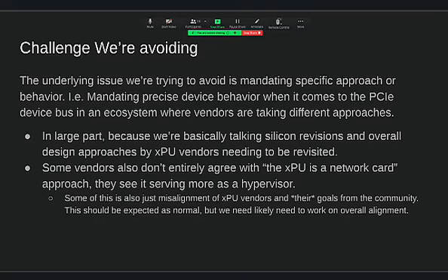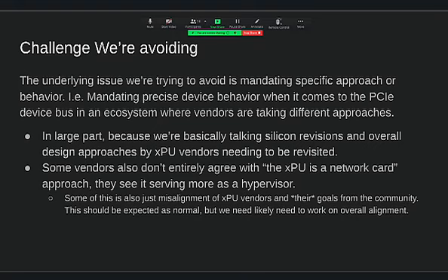The countering argument right now is that these devices are just enhanced network cards. I think the challenge we're struggling with is some of the XPU vendors don't seem to agree with this, in that they view them as more than just a network card. They view it as much more like a hypervisor, able to dynamically supply resources.